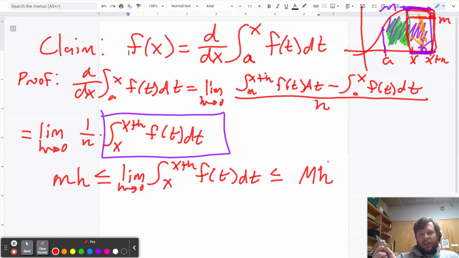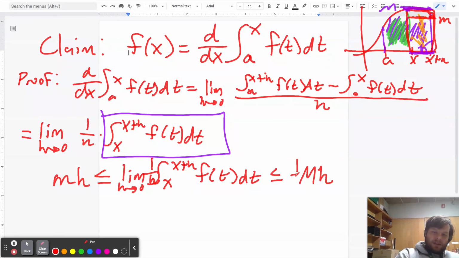All I'm saying here is that the true area underneath the curve is bigger than the rectangle at the shortest point, but smaller than the rectangle at the tallest point. To make it fit with our definition here, we add in a 1 over h to all three of those pieces, and we add a limit to all three of those pieces.